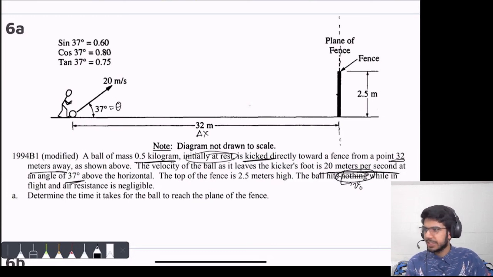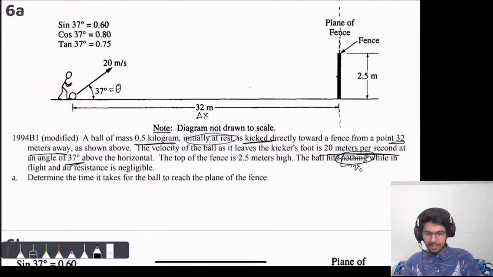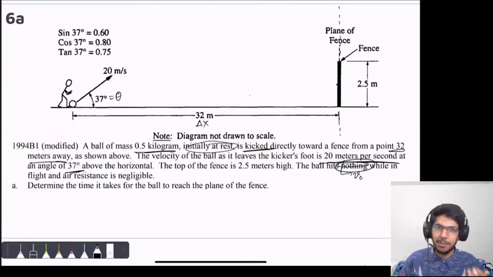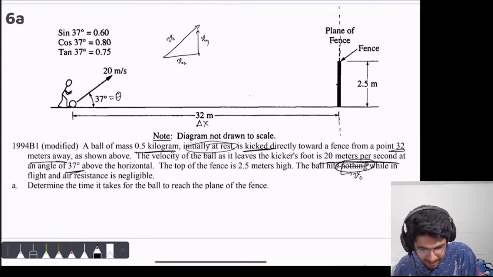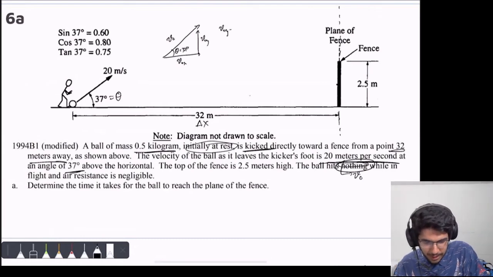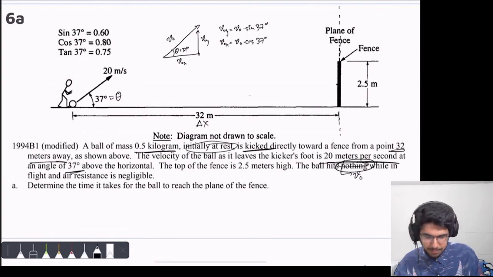Okay, we can do this. So first, let's solve for the components of velocity. I'm going to do that up here. We're given this v naught, and then we break it up. This is v naught x, this is v naught y. It's a pretty bad drawing. This is theta equals 37 degrees. We can do the computations again, but we'll see that v naught y equals v naught times sine of 37 degrees, and v naught x equals v naught times cosine of 37 degrees.